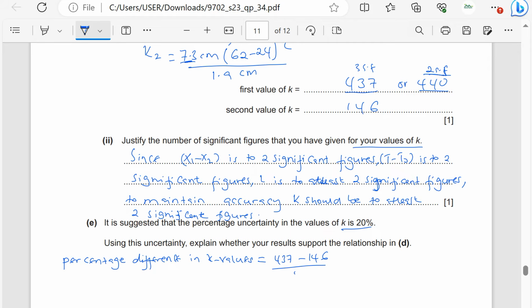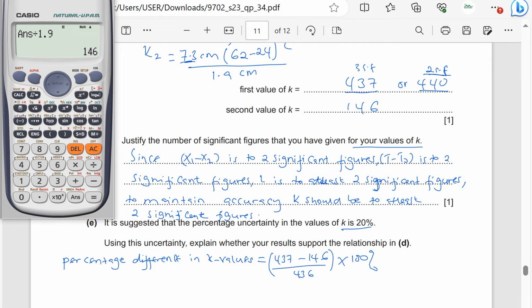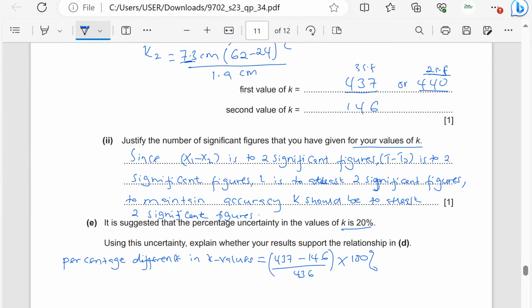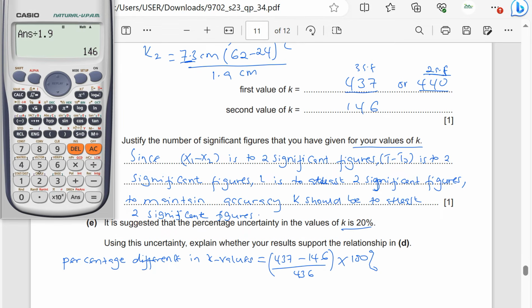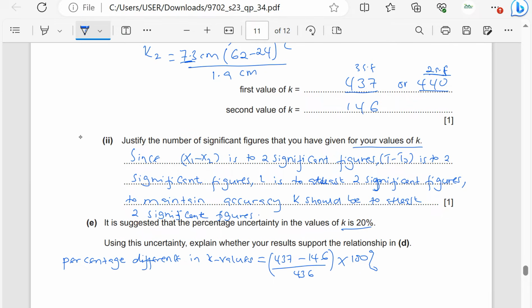So I would say divide by 436, then multiply by 100. You can divide by the highest or by the average, no problem. So this will be 437 minus 146 divided by 436 times 100, which is approximately 67%.